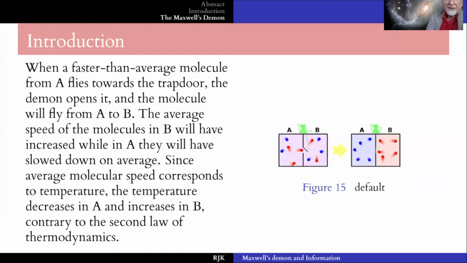So when you did this over and over again, you'd wind up with a cold gas in A and a hot gas in B, and therefore you would be able to work contrary to the second law of thermodynamics.